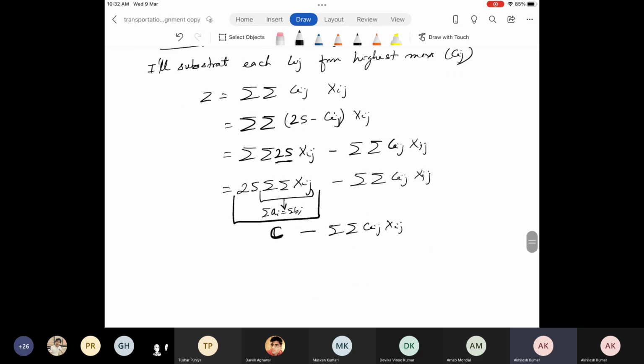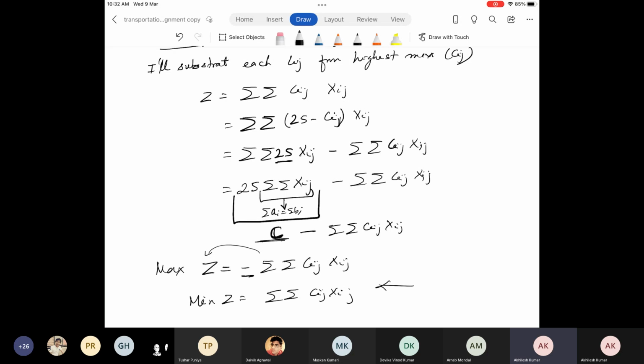Since it is a constant, we can ignore it when trying to maximize or minimize the problem. So we are getting Z equals minus summation Cij Xij, and since it is a maximization, I multiply with the minus, which is nothing but minimize Z equals summation Cij Xij. This is the equivalent formulation we are trying to solve.